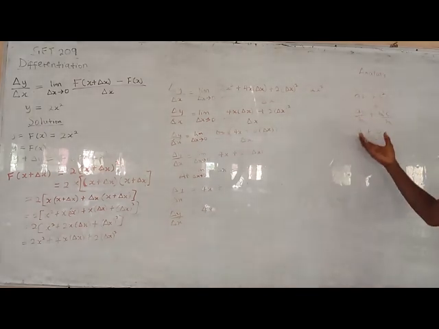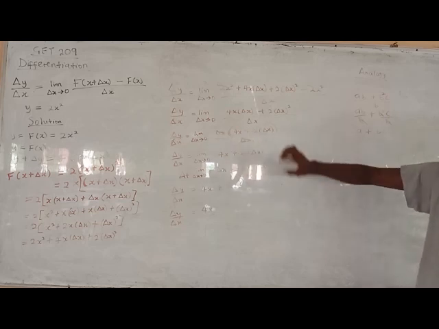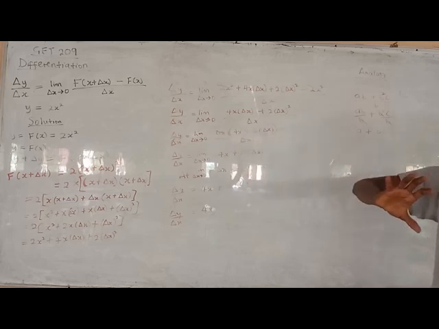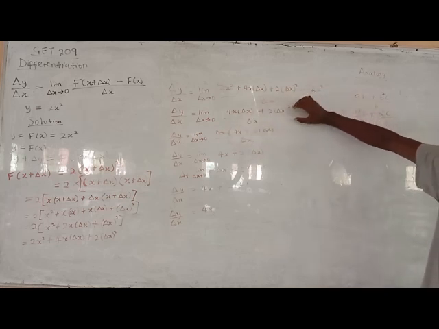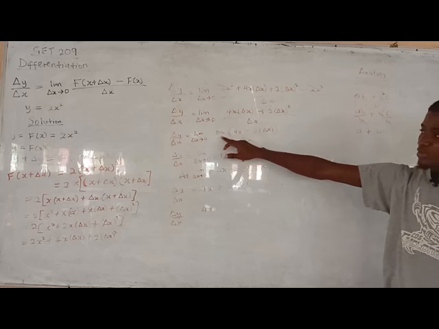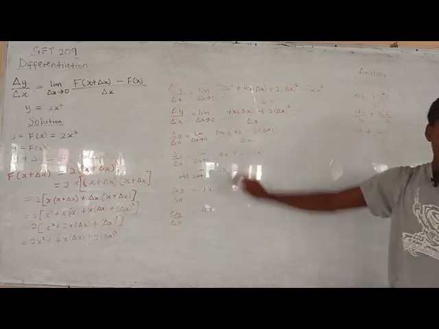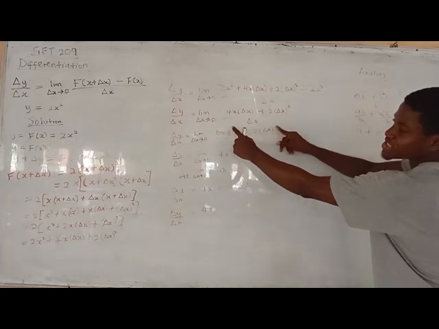So I just use two different methods. You can choose to expand it like this, so that you cancel what is common on one side. Or instead of expanding it, you can choose to leave it and take out the common factors. Don't forget the common factor here was this. And the reason I cancelled this one was because this is a bracket.